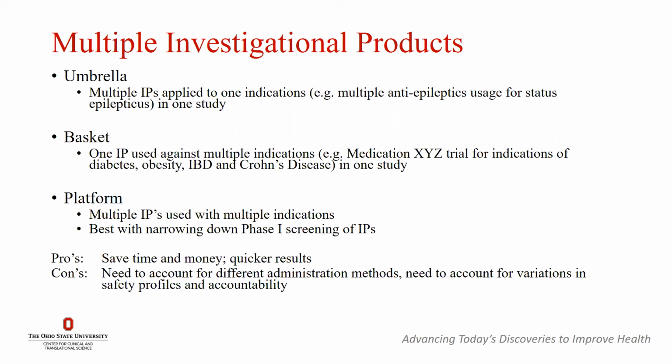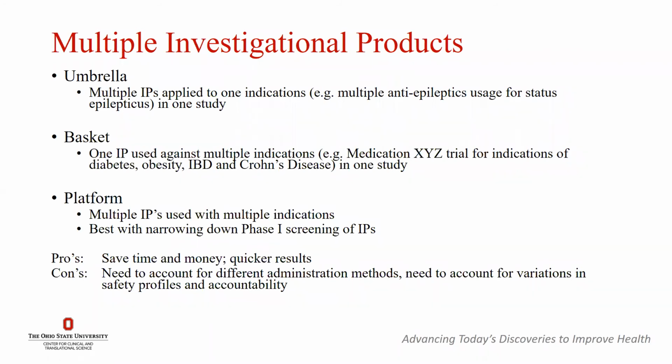An umbrella study is where you have multiple investigational products being applied to one indication. This is sometimes what is used in what they call precision medicine, where you have a patient who has a given disease or a given cancer, and in the lab, they will actually take those cancer cells and apply different products to them to see which one has a better impact in reducing or destroying the cancer.